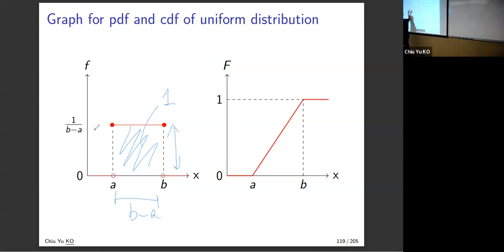This time this is just 1. So that's how you get the height. Is that clear? Suppose this is 1, this is 2, then this must be 1. So that is why you get this one. I hope this convinces you why this is so.